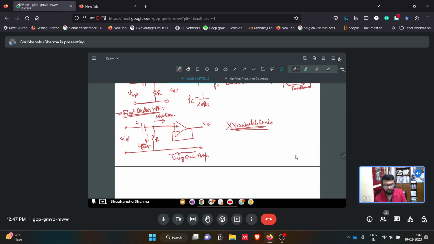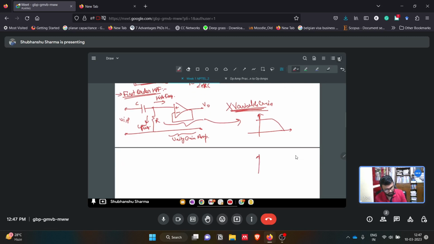One more interesting thing to observe in this high pass filter is about this op amp. Its inherent characteristic is that of a low pass filter. We have seen that normally the open loop characteristics of an op amp look like this, a kind of low pass filter. But instead of that, we are realizing a high pass filter here.